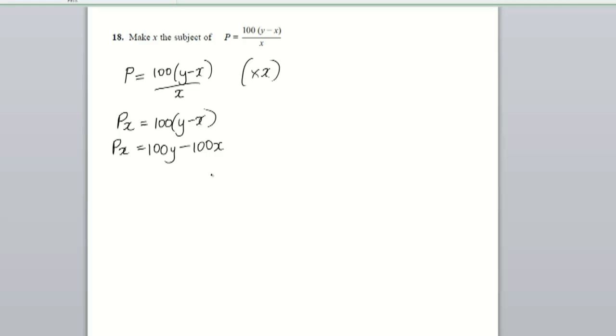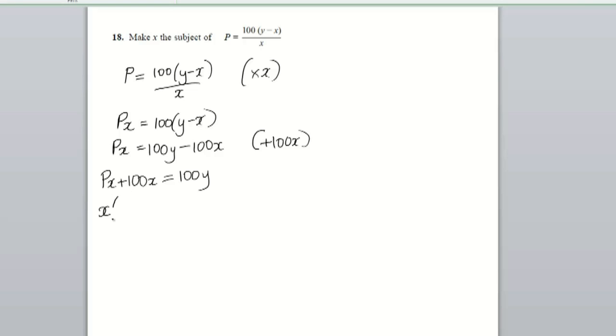So now I can see the terms that involve x and the terms that don't. If I add 100x to get it over this side, I've now got all the terms involving x over to one side of the equation. I now need to isolate it and force it into one place because it's still in 2 there.